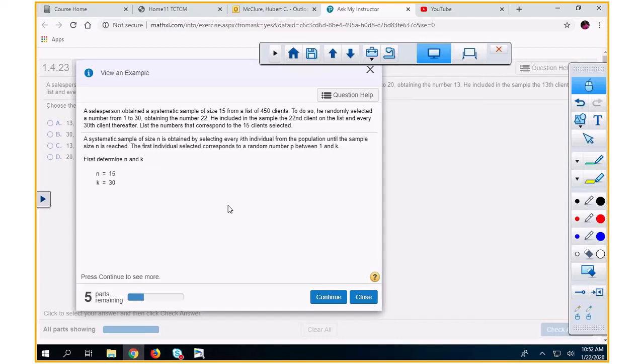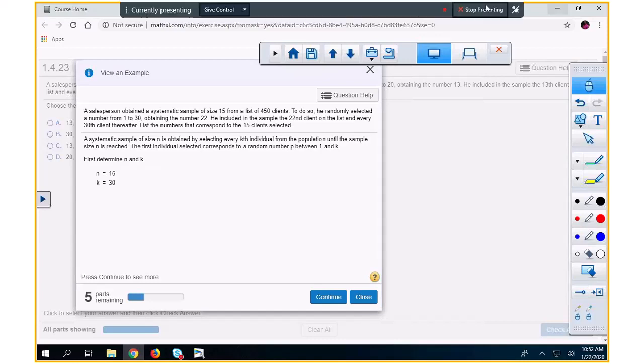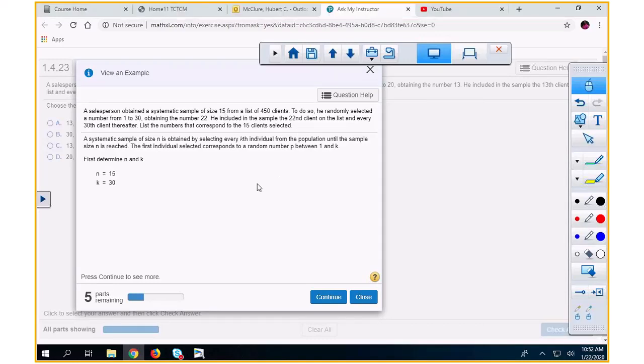And I don't know, I guess y'all are just supposed to know this, but first of all, you pick N. Which one is N? N is this number right here, the sample size. Write that down. N is equal to the sample size. K is equal to the random number.